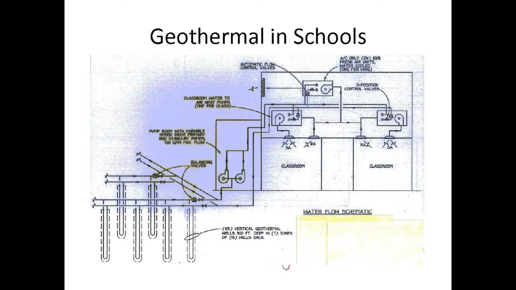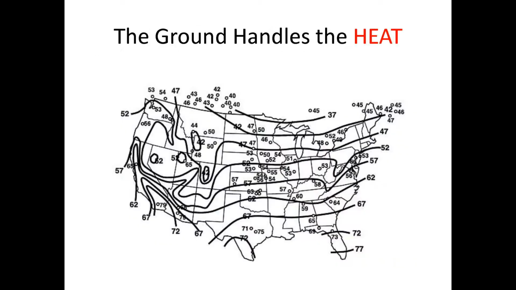That's how it works. Simple as that. Okay, so next slide. When you design geothermal, you look at a map like this, and you notice in Charleston it shows 67. That means the average ground temperature under the ground is 67 degrees.